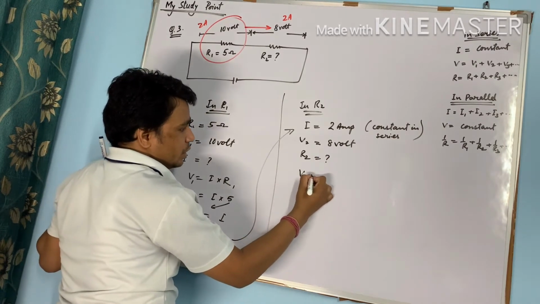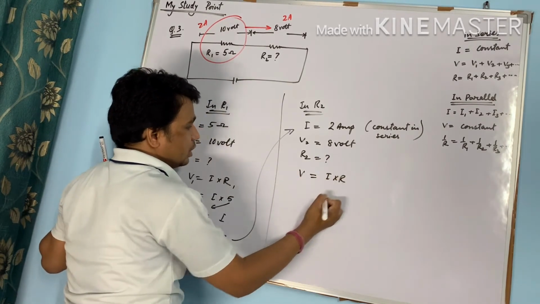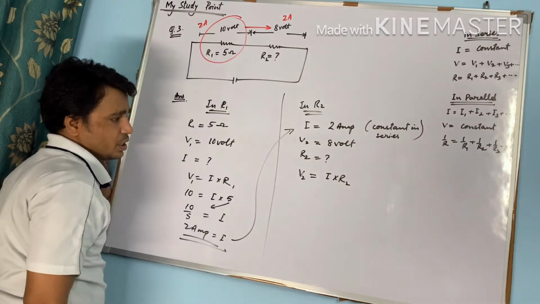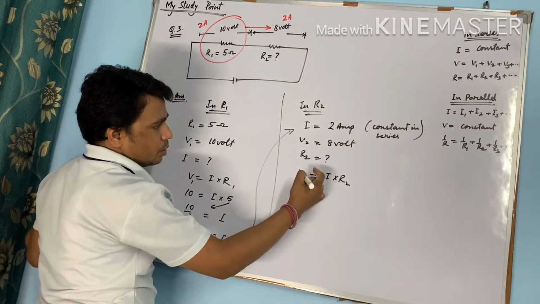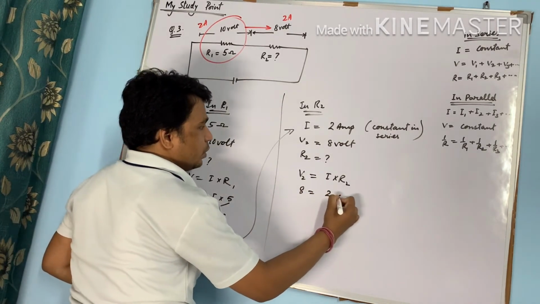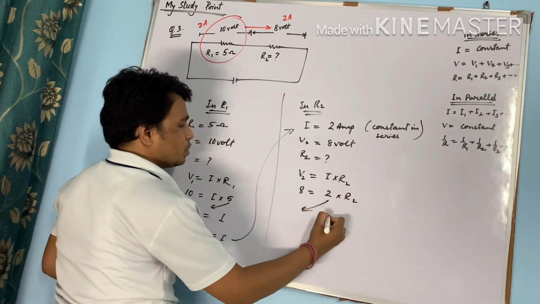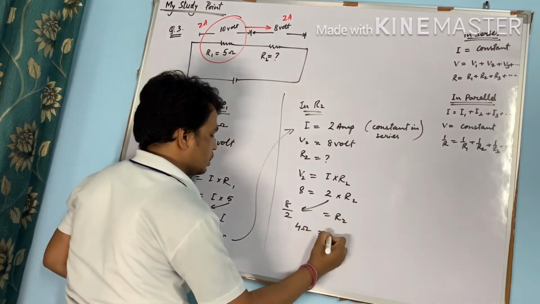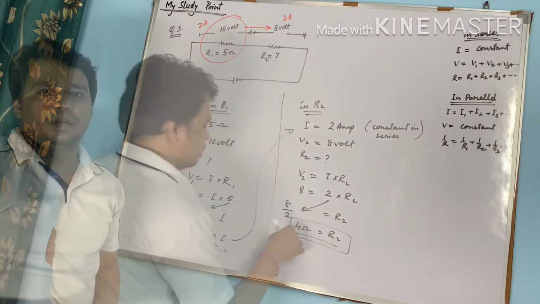Use the formula Ohm's law, that is V is equal to I into R. Here we use V2 is equal to I into R2. Since I is constant, we'll leave it here. Put all these values in this formula. 8 is equal to 2 into R2. So R2 will come out to be what? 8 upon 2, 4 ohm is the resistance.